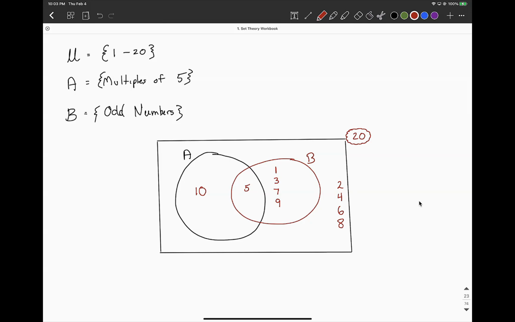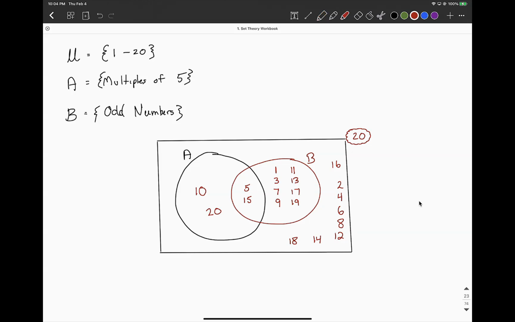It belongs within that set called multiples of 5, but it's not in the joined intersecting space. 11 is odd. 12 is out in the middle. 13 is odd. 14 is out in the middle somewhere, or out and floating in the universe. 15 is a special number because it is both. 16, 17, that's not where 17 goes. 17, 18, 19, 20. Giving me a fully organized, logically accurate, efficient way to organize the numbers.